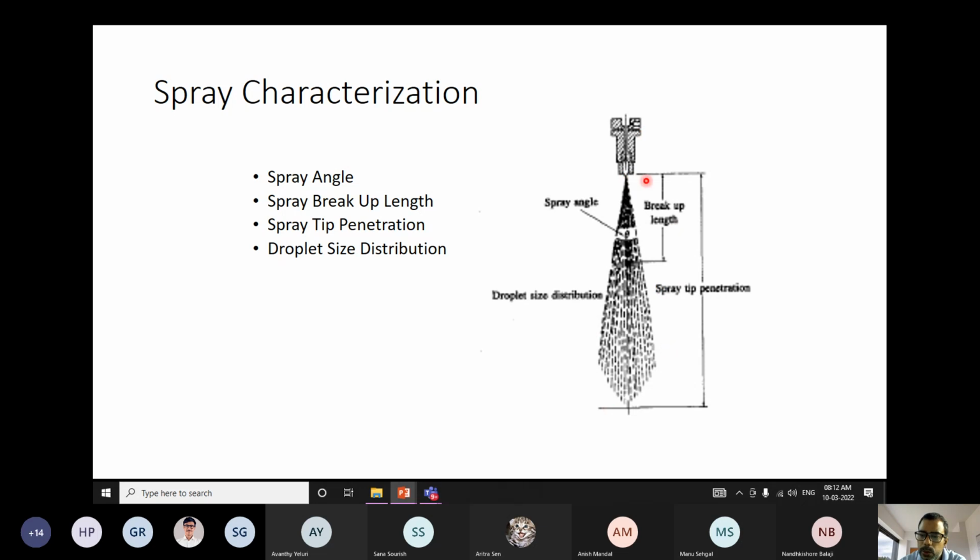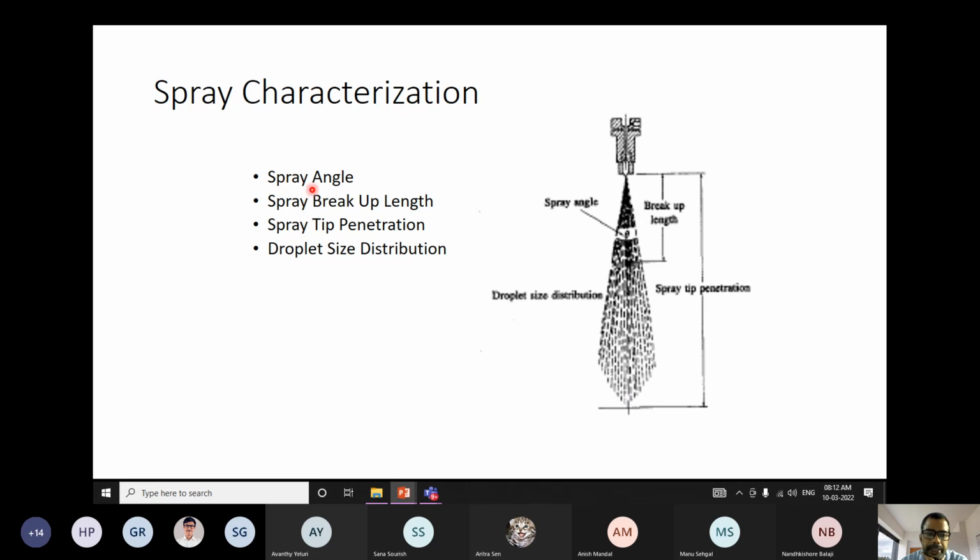If you see the typical structure of the fuel jet, there are several parameters associated with it, and based on those we define the values of the different parameters. What are the different parameters?